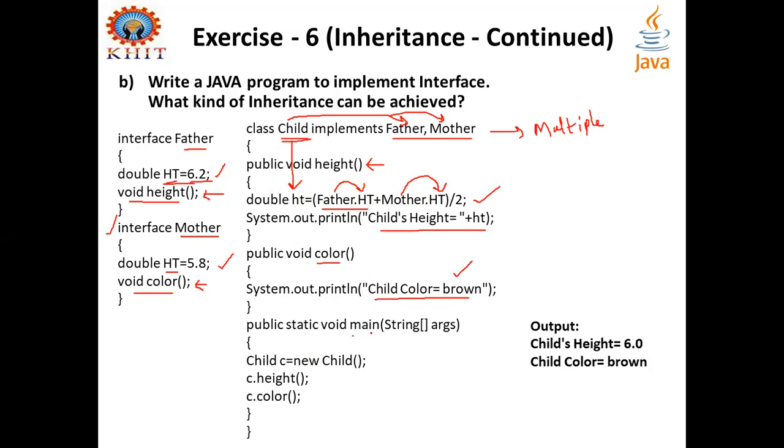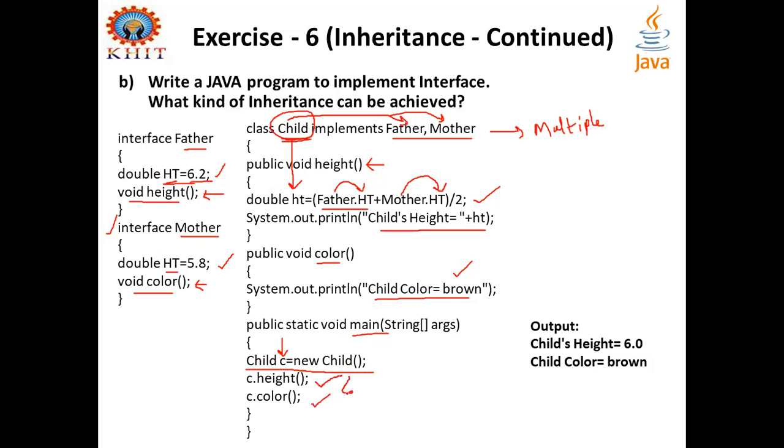And coming to the main method, when this main method is defined in this child class, the file name should be child.java. So inside this main method, one child class object is created and calls the two methods, height and color.